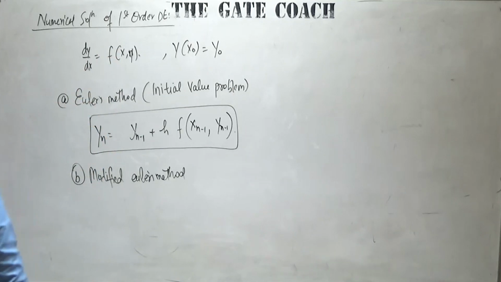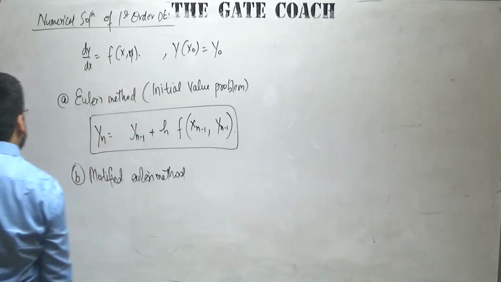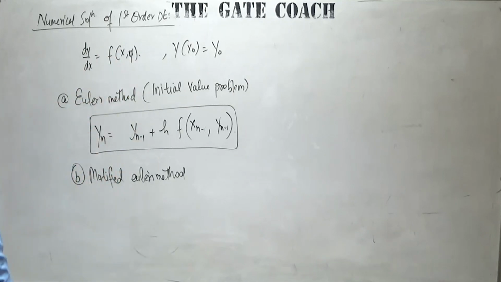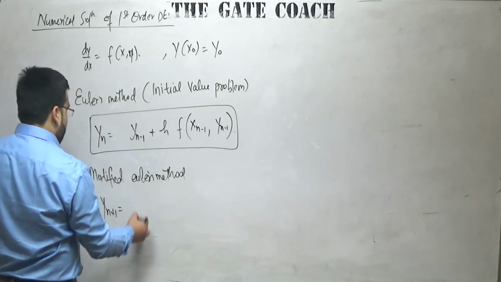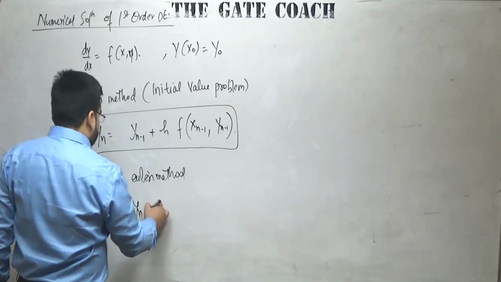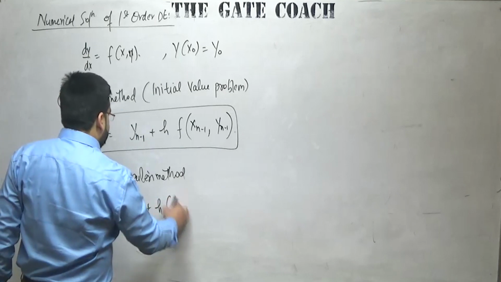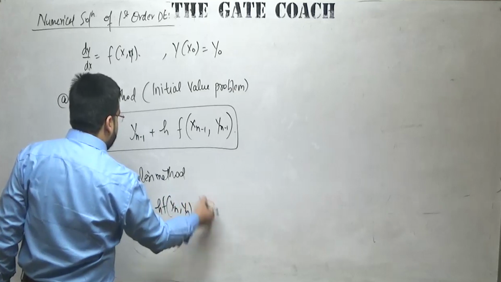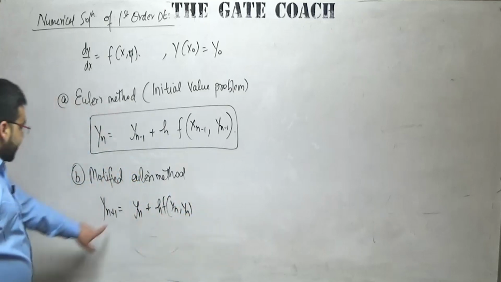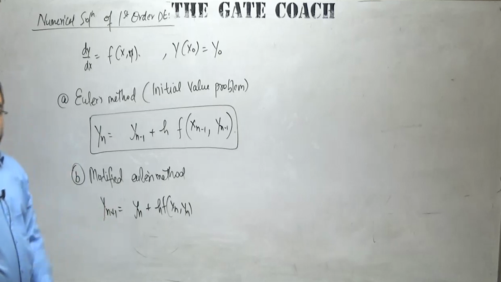In the modified Euler's method, again a differential equation is given to you. First of all, you find the normal value, that is yn plus 1 is yn plus h times f of xn comma yn. Then this value, whatever you are getting, will be modified.